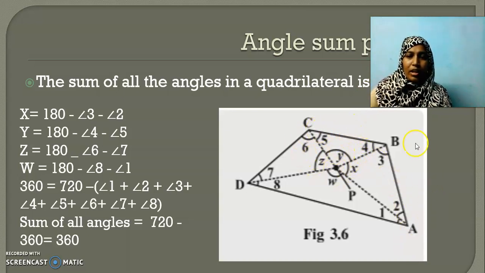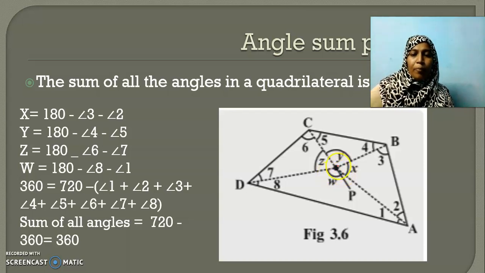Here is a quadrilateral ABCD and I consider a point P in it. Yes, this is the point P and I join all the vertices, A with P, B with P, C and D. All has been joined and we get so many angles like 1, 2, 3, 4.